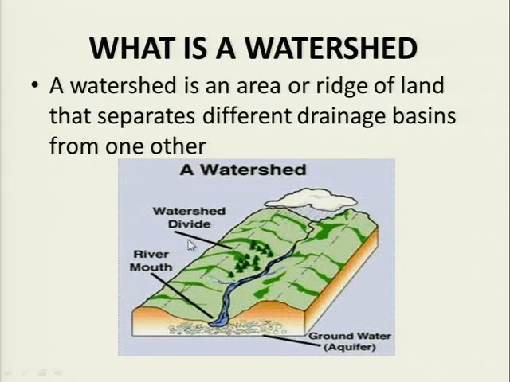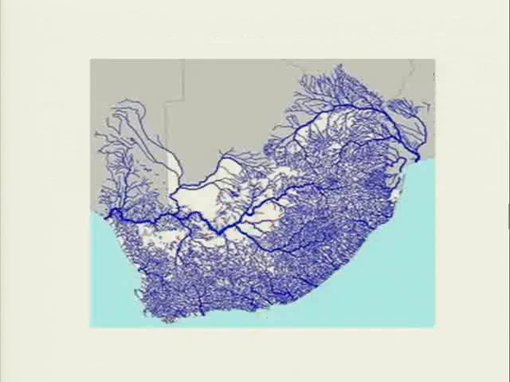Now we come to the watershed. The watershed is an area or a reach of land that separates different drainage basins from one another. Okay, if we go back to the picture of the drainage basins in South Africa, you will remember that I told you that the eastern part of the country has more drainage basins because of the higher rainfall. Remember, guys, that the main watershed there is the Drakensberg.